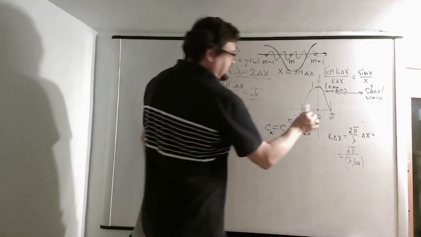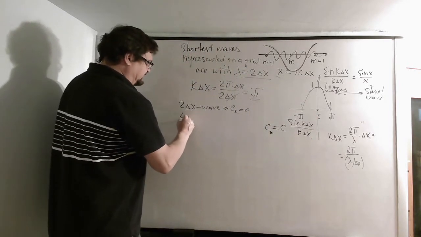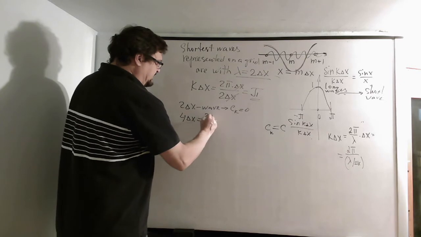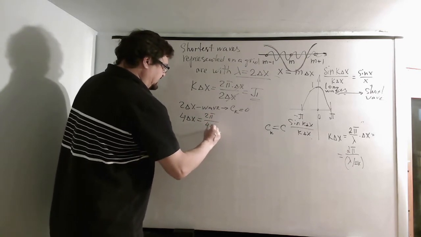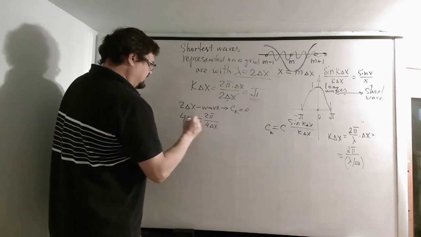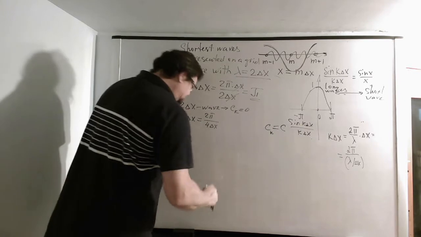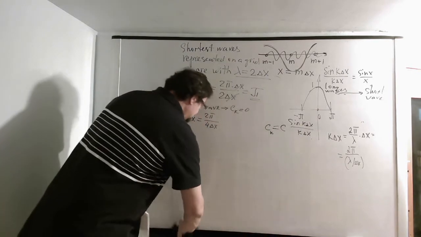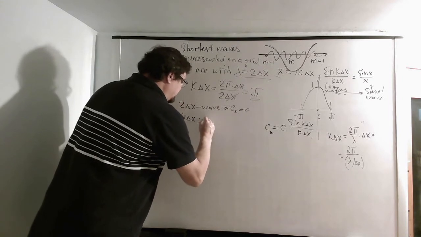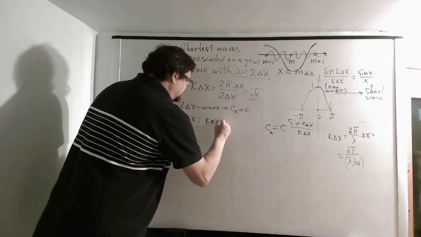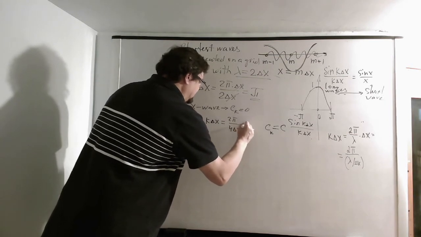And also waves like 4 delta x waves. What's 4 delta x waves? It's k equals 2 pi divided by 4 delta x, and so k delta x equals 2 pi divided by 4 delta x times delta x.